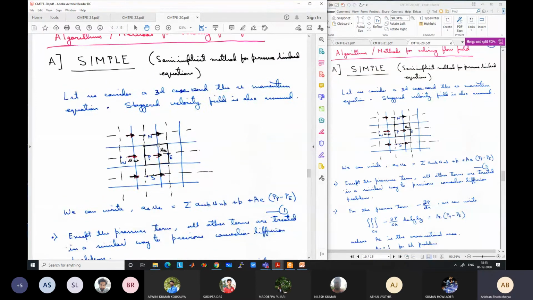So the control volume for the velocity was from a main grid point to the next main grid point. The faces coincided with the main grid points, and the main control volume, like shown by the blue lines, the faces went through the grid points for the velocity.